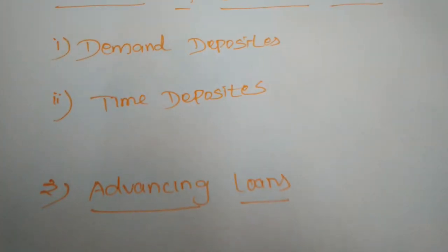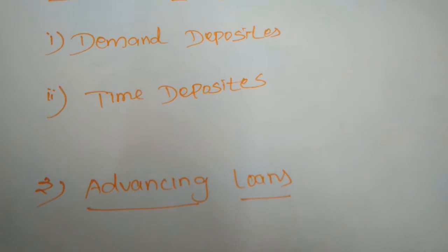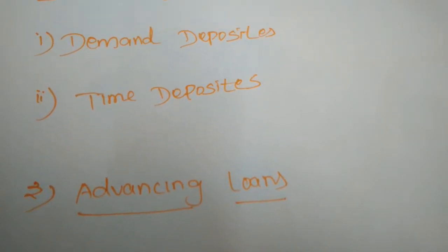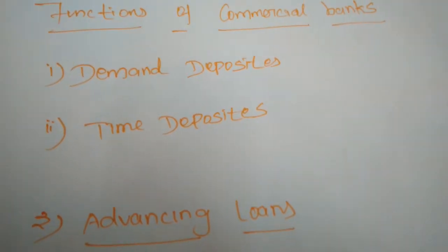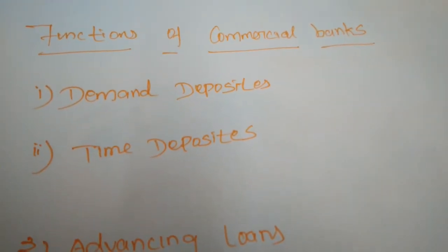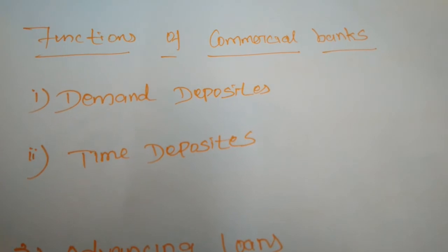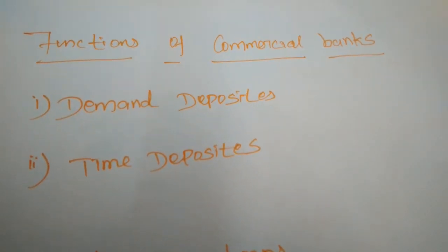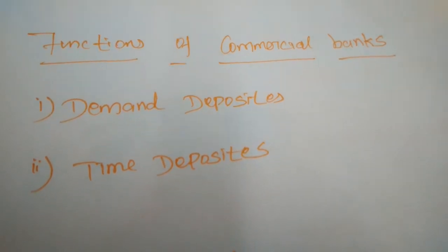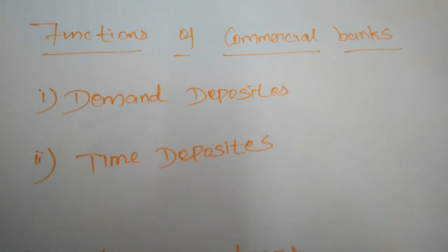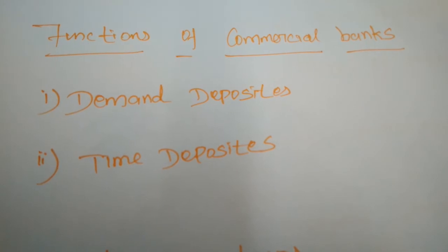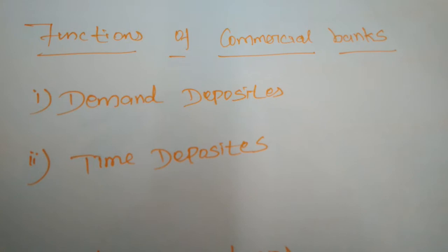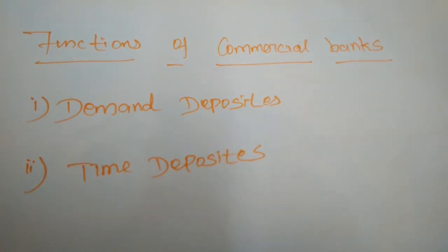Next is time deposit. Time deposit refers to a deposit that is made for a certain committed period of time. Normally we call it a fixed deposit. On the basis of some fixed time, if you deposit some amount of money, that is called a time deposit. Here we cannot withdraw the money from the bank at any time without prior notice.